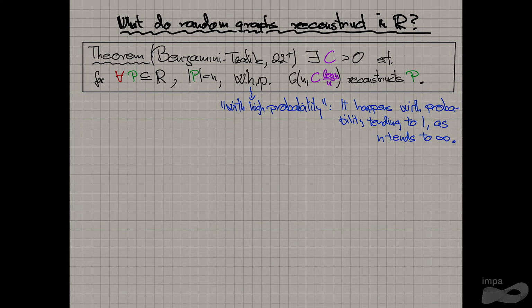So it's a pretty sparse random graph, yet they managed to show that, well, what do they show exactly? I have to be careful. For any point set, this random graph with high probability will be able to reconstruct this point set. Okay? So let me make two comments about this.